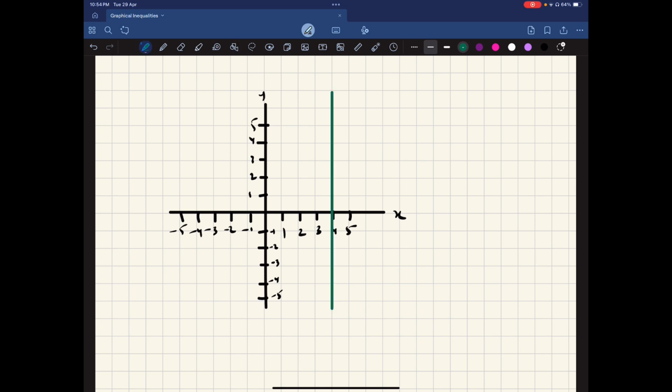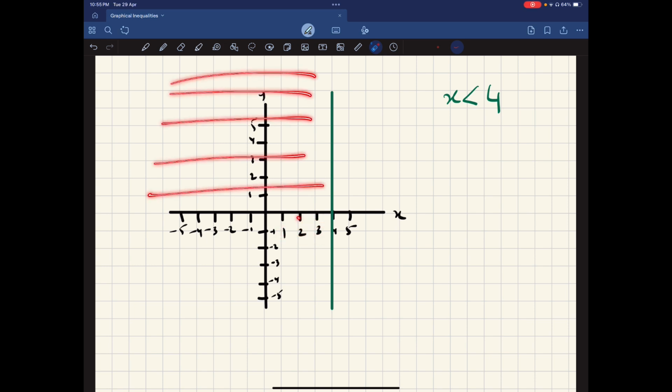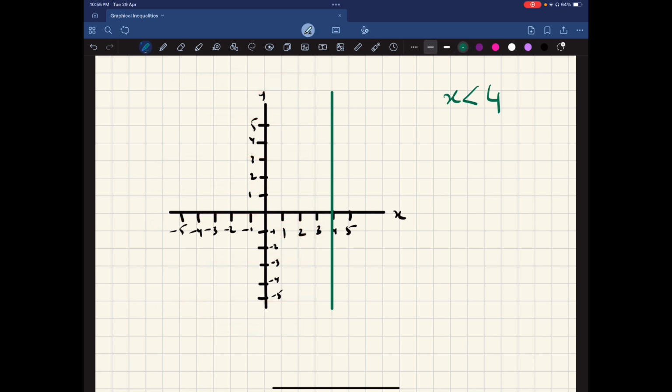And if the inequality was that x is less than 4, so x is less than 4, see, 3, 2, 1. Which region is that? Towards the left of the line x equals 4. Okay, so this region is the wanted region.